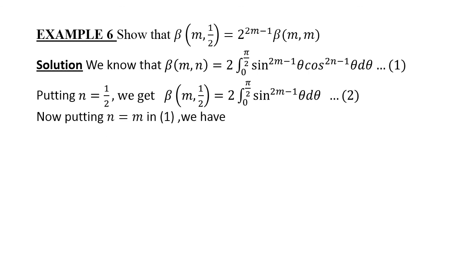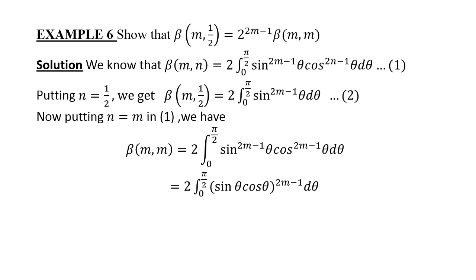Now we put n equal to m, we have β(m,m), that is 2 into the integral from 0 to π/2 of sin^(2m-1) θ cos^(2m-1) θ dθ, that equals 2 into the integral from 0 to π/2 of (sin θ cos θ)^(2m-1) dθ.